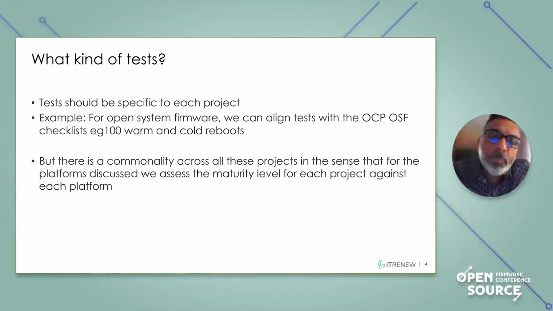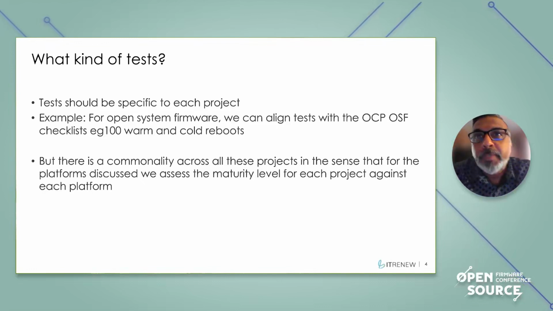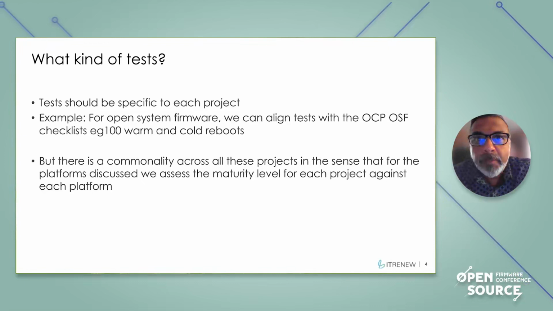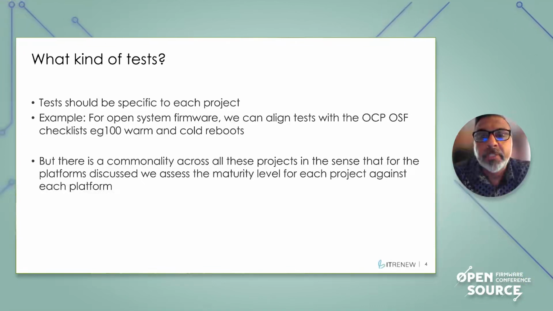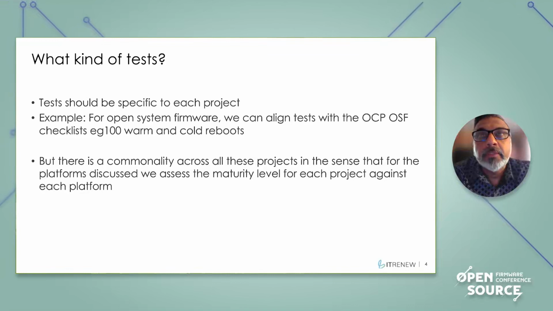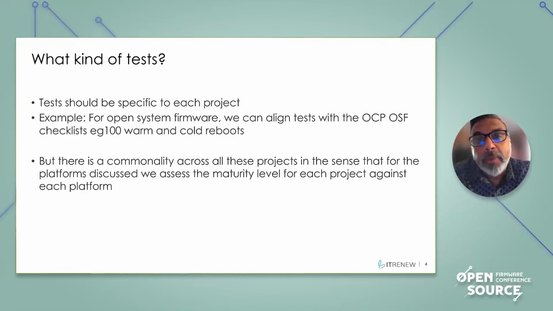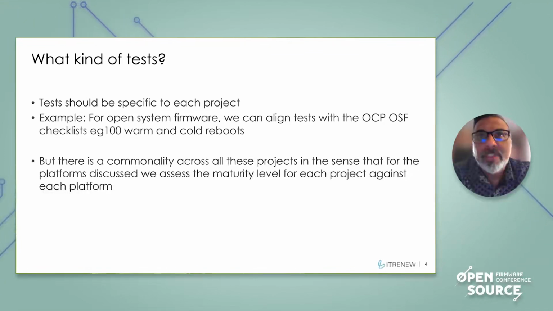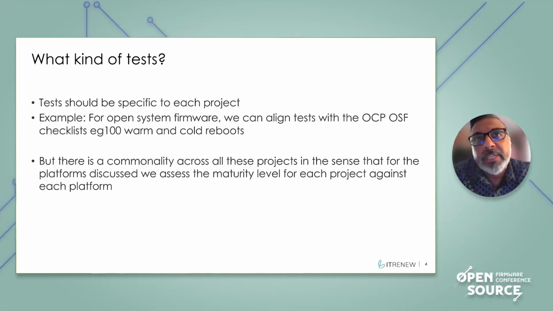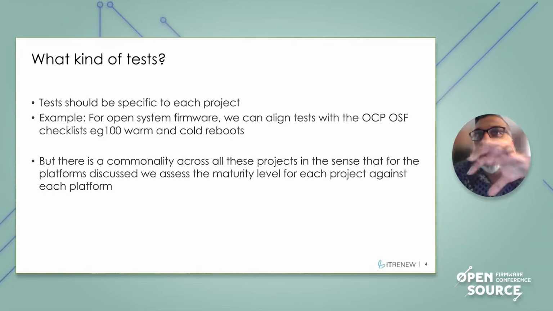As we test each part of an open system, from the moment you turn on the system to the time you log into your system, every part of those things needs to be tested. And this commonality about having open tests is important, because we can check where we need help, for which platform.